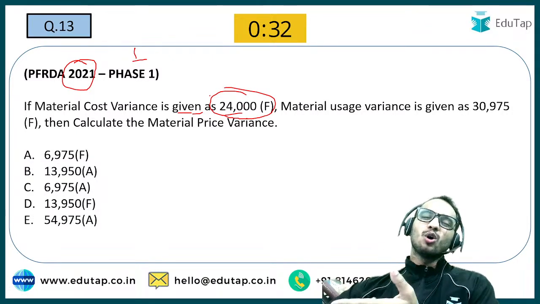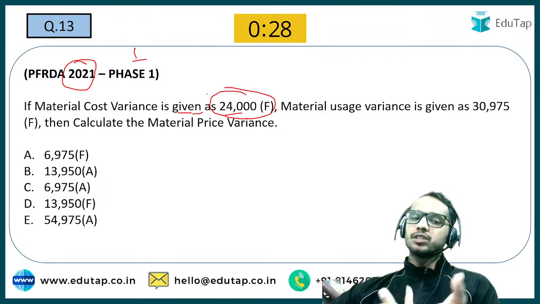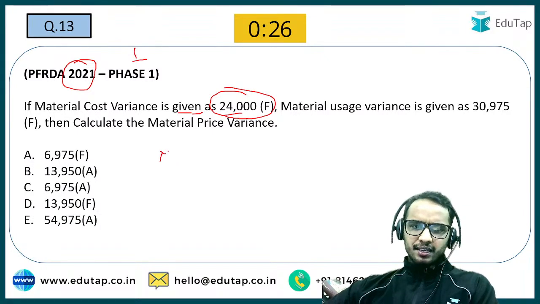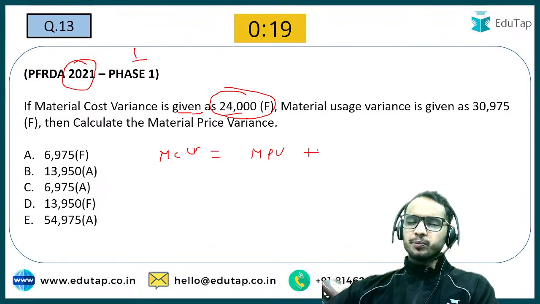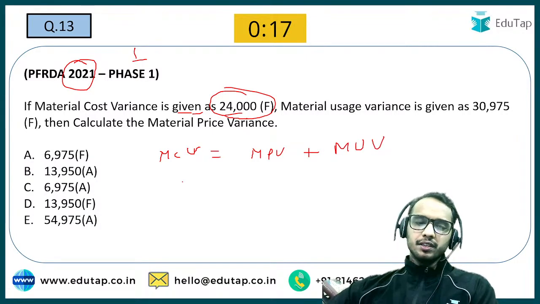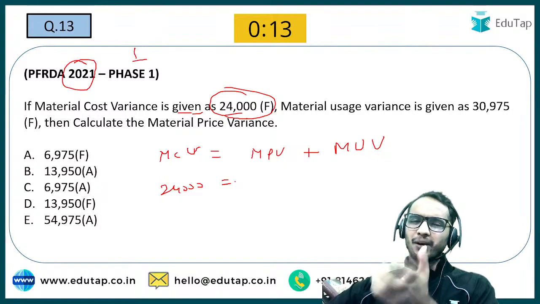So basically material cost variance is the combination of material price variance and material usage variance. Material cost variance is equal to material price variance plus material usage variance. Material cost variance is 24,000 favorable, so you can write it as plus.